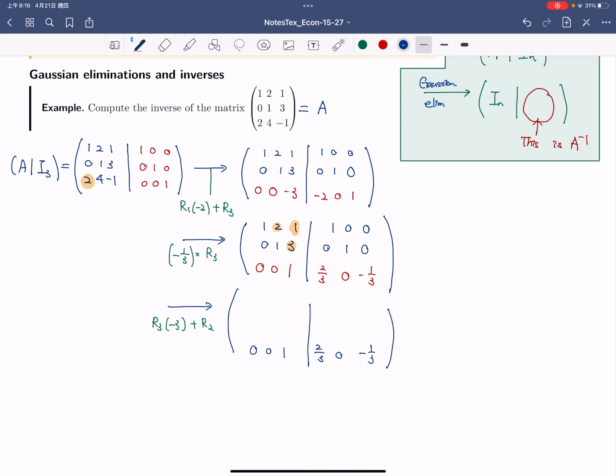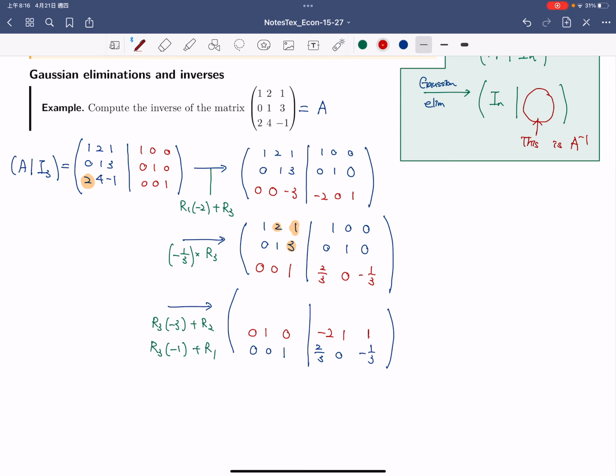Then what I will get is 0, 1, 0. And then multiply this by minus 3. So I get minus 2, add 0, so minus 2. And then 1, and then minus 3, so you get 1 here. Okay? And then also I want to kill this 1 here. So I'm going to multiply the 3rd row by minus 1 and add it to the 1st row.